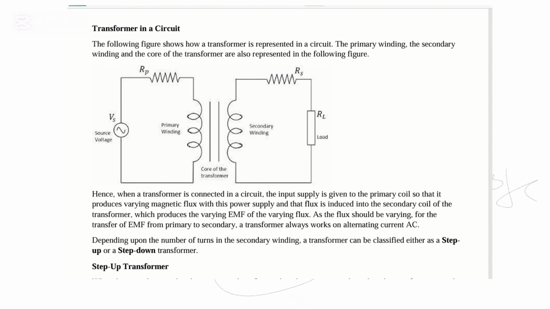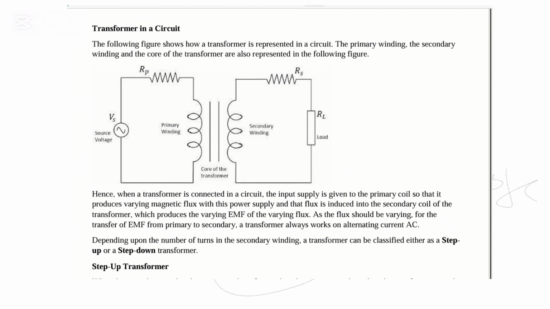So the following figure shows how a transformer is represented in a circuit. The primary winding, the secondary winding, and the core of the transformer are also represented in the following figure. So this is now the figure.